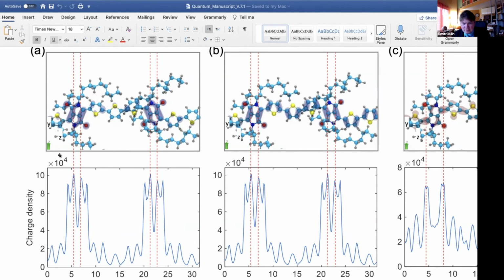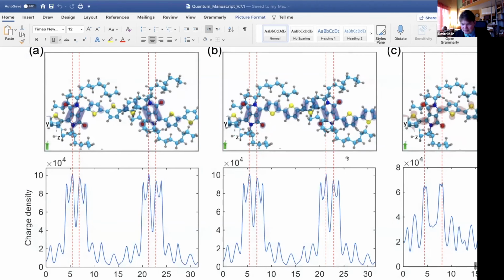He takes a few representative orbitals: HOMO -1, HOMO, LUMO, LUMO +1, and A and B. What we are looking at right now are HOMO -1 and HOMO, and the next ones, which we do not see right now, C and D, are LUMO and LUMO +1, and he explores their similarities and differences.